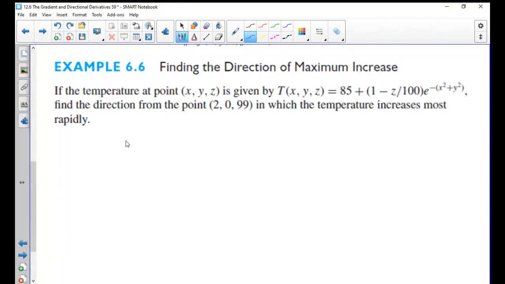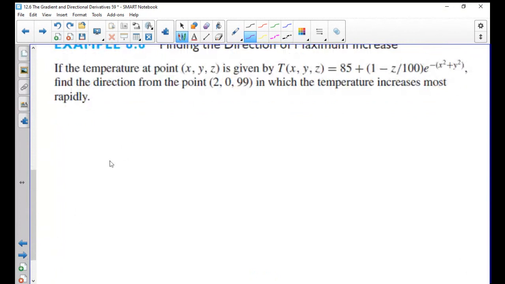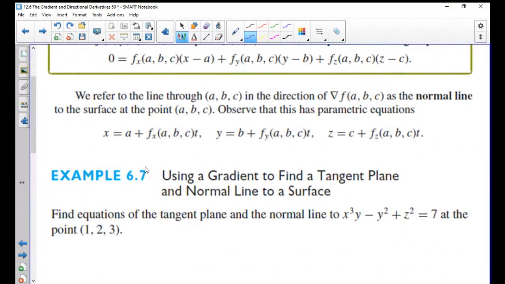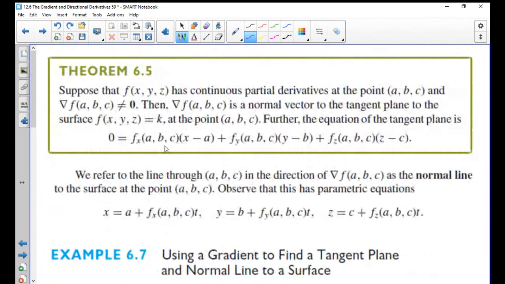Okay. Now, I will not do 6.6. Here is the last part of this section, which is quite important. Suppose you have, in 3 dimensions now, a function f of 3 variables, and you have a level surface f(x, y, z) equal to k, where k is a certain constant.